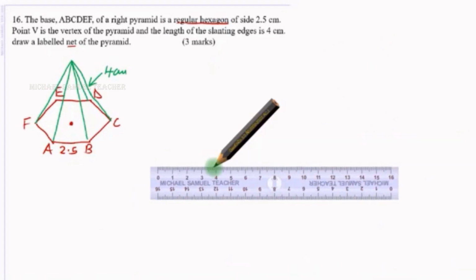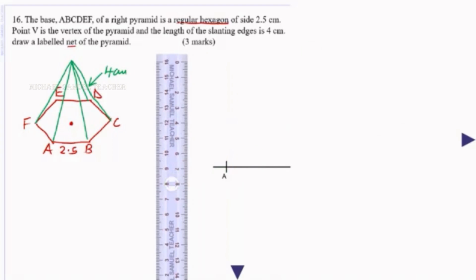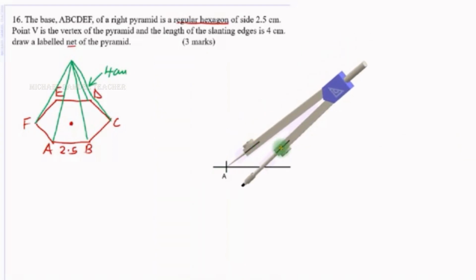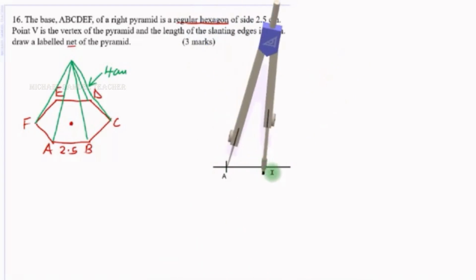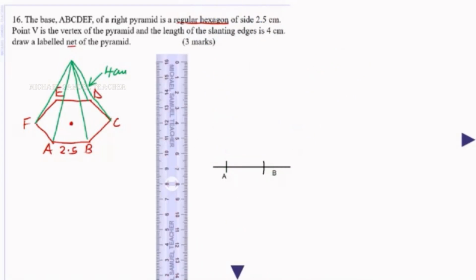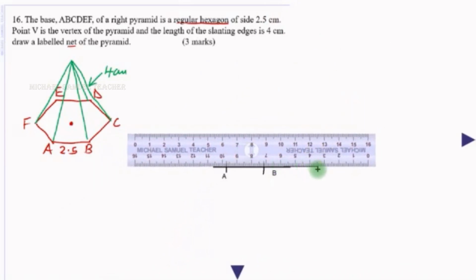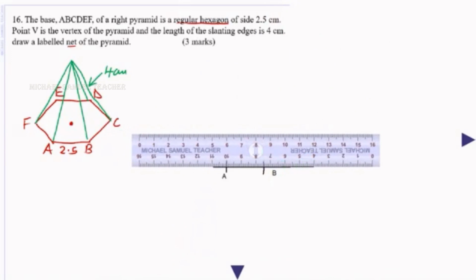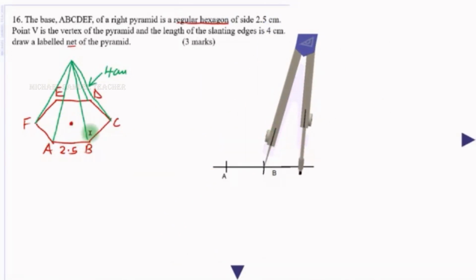Now we start by drawing side AB, locate A, and then we locate point B. And remember that at this particular point, angle ABC, that is the interior, is 120, exterior is 60, that is 360 degrees divided by 6 sides, we get 60.